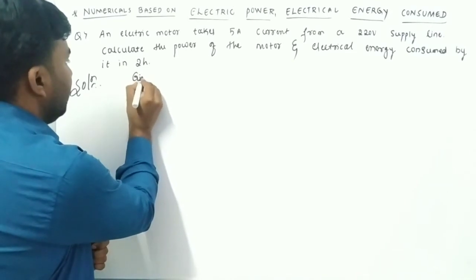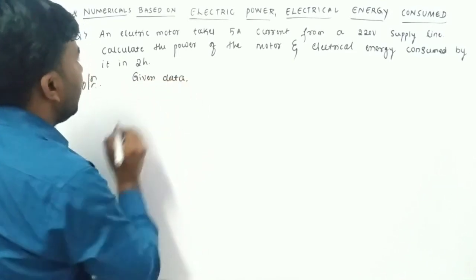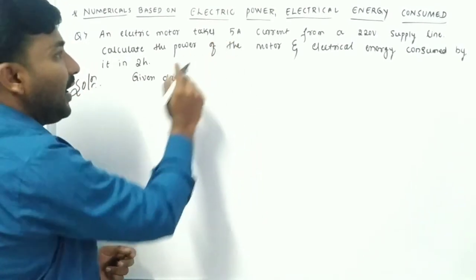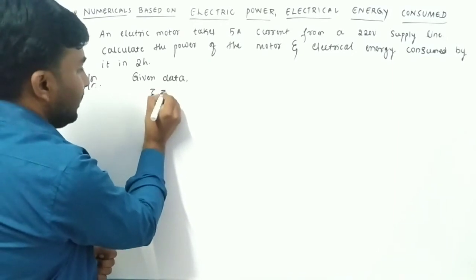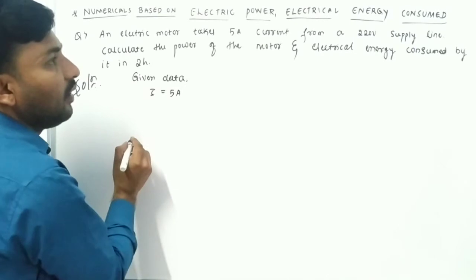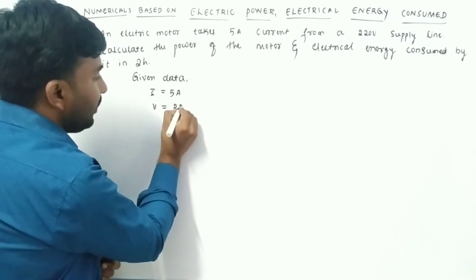Given data: we have an electric motor which takes 5 ampere current, I equal to 5 ampere, from a supply voltage of 220 volt.